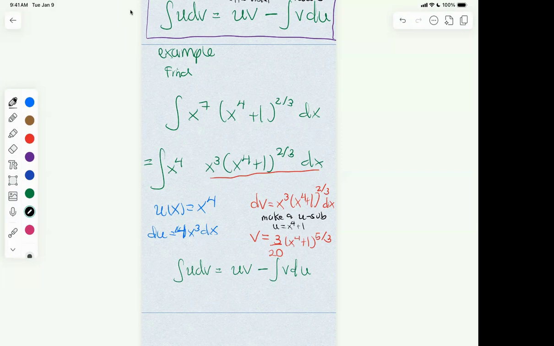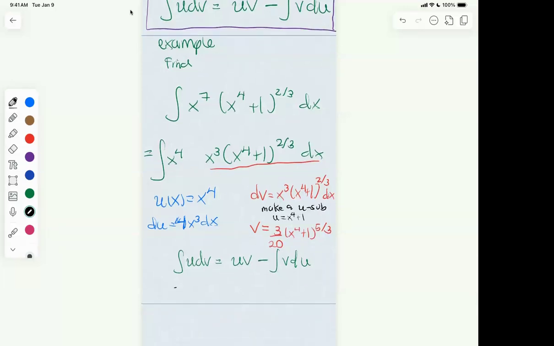But the thing is that once you have identified the u and the dv, then the rest of the problem should be more or less doable. What requires some practice is how you do the identification. For example, this one did require this breakup trick, which is not super obvious at first. You kind of have to see it before, knowing that you have to be on the lookout for those things when you want to use them.